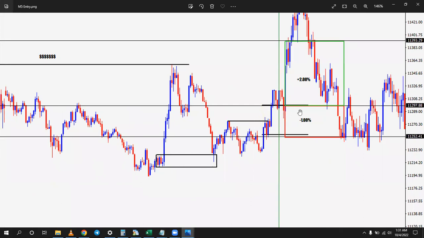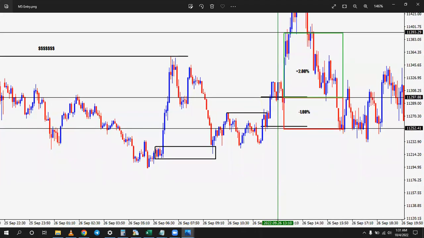Right before, about 20 minutes to the open, we placed a buy order with our stop loss right below here.